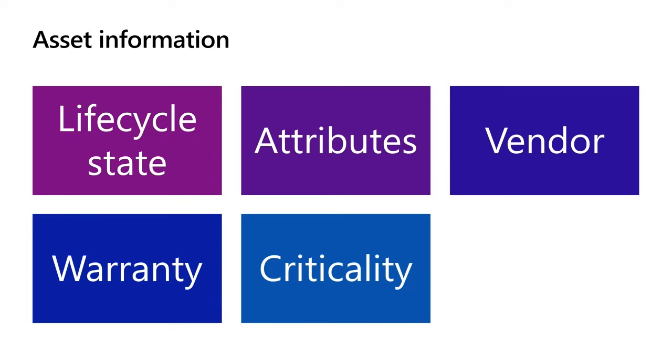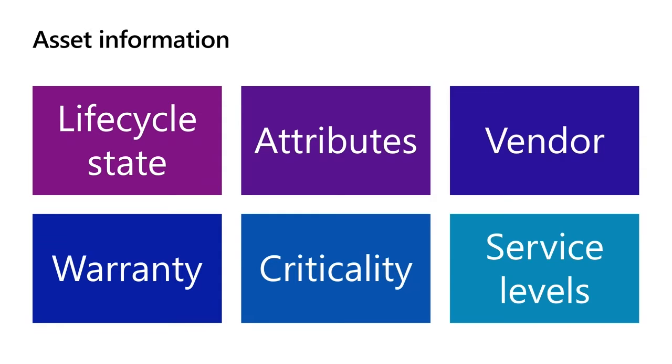We can assign assets a criticality, which essentially tells us how important the asset is to being able to produce, and we use that to assign criticality on work orders. Assets can also be assigned service levels, which helps us drive work order priorities to determine which work orders should be done first as a combination of the service level and the criticality.